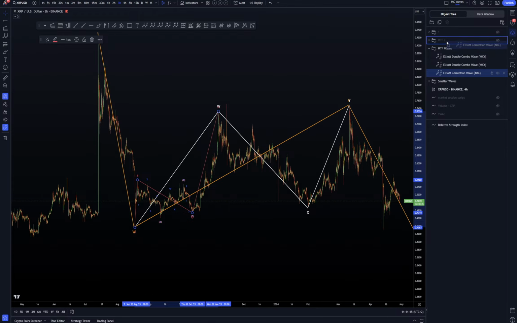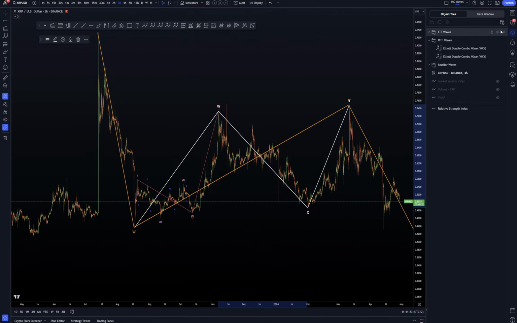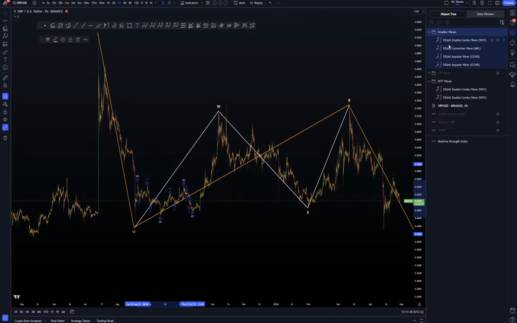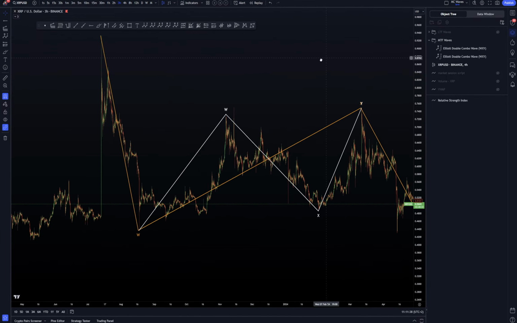This will be moved into the, bam. There you go, much better now.